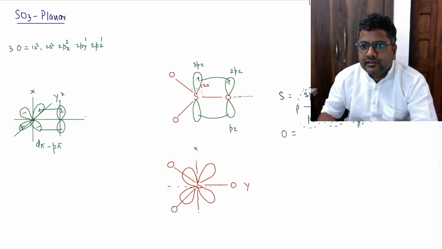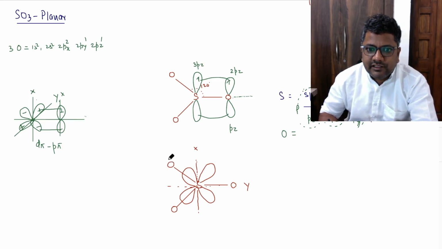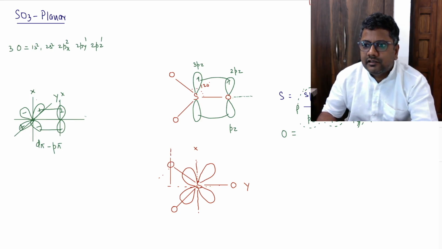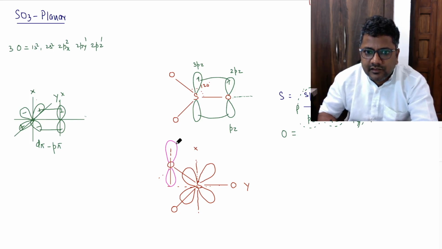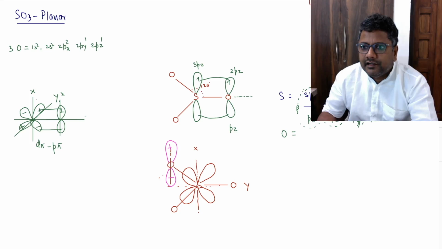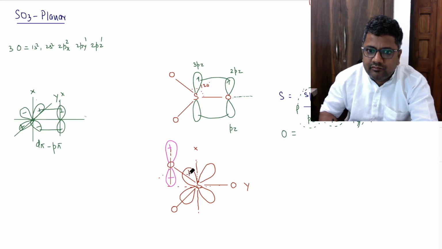And this oxygen has this px. So see, this is positive, this is negative, and this is positive, positive, negative, negative.